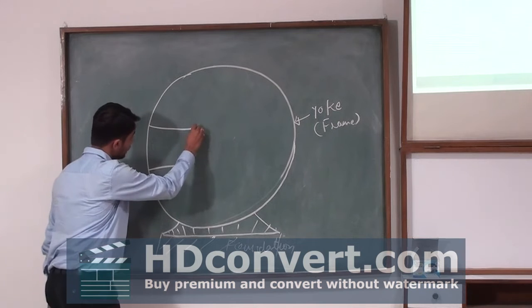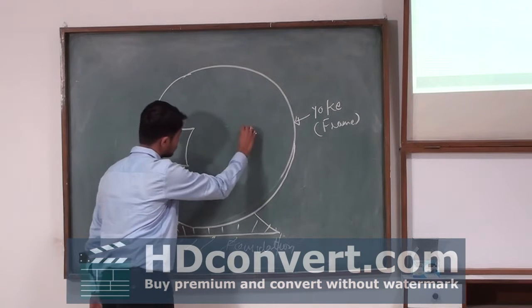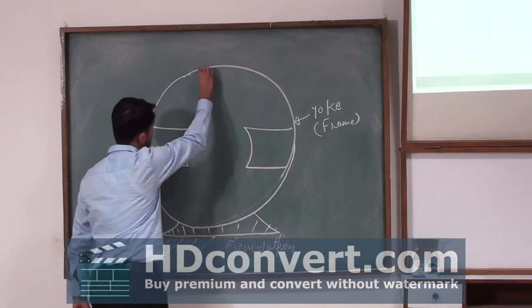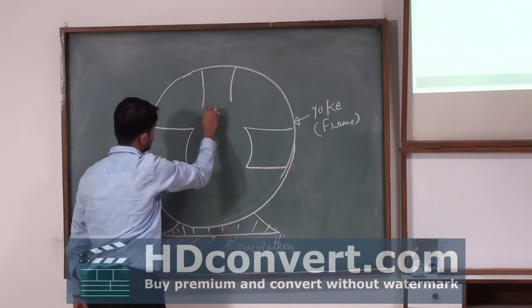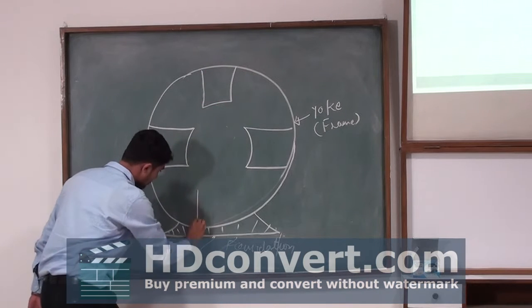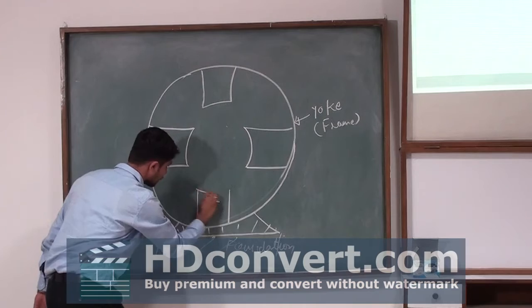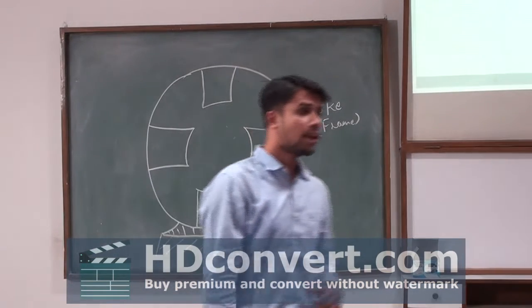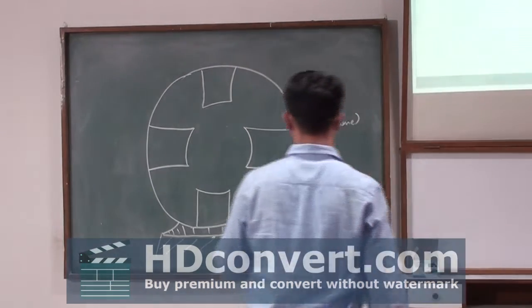Suppose we are connecting a 4-pole machine like this. These are the field poles on which we are keeping field windings.